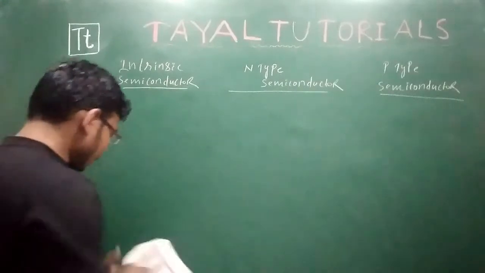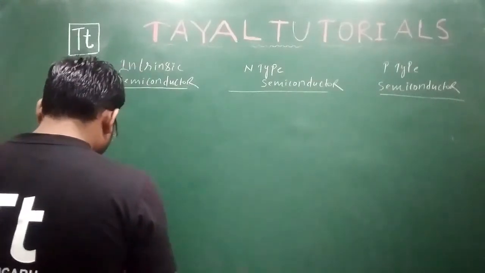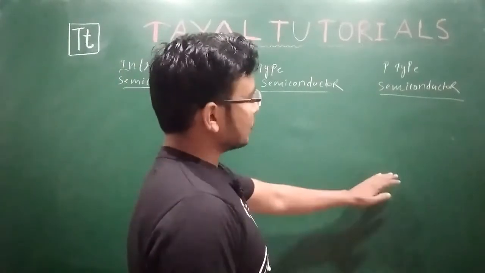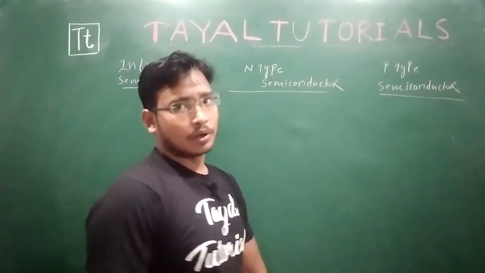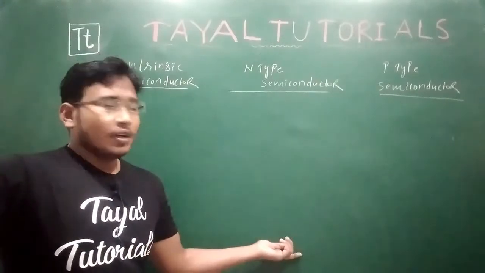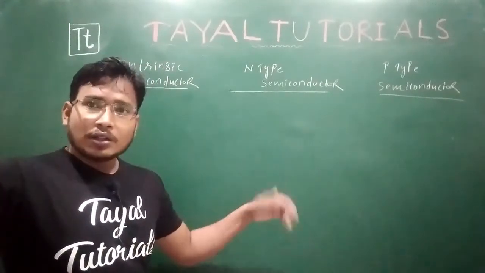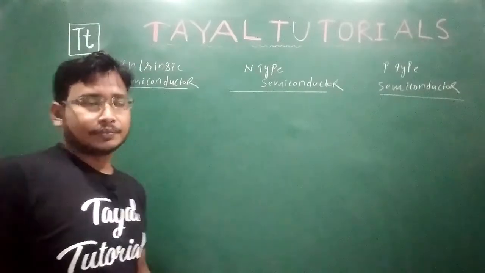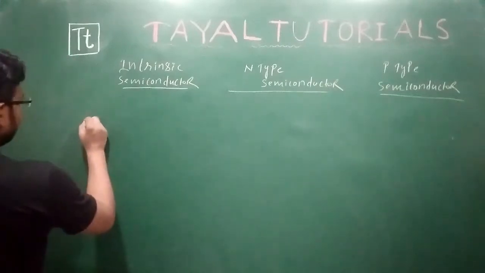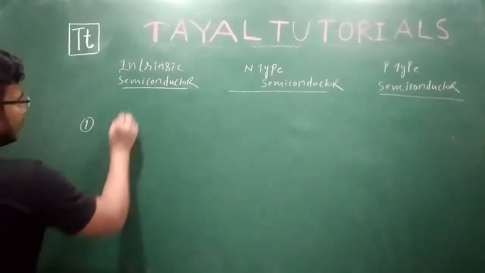So the first discussion is, we'll see what are the possibilities of an electron going from valence band to conduction band. In intrinsic there is only one possibility.